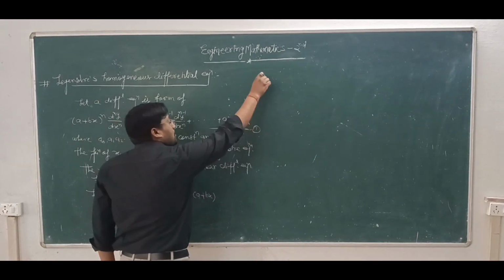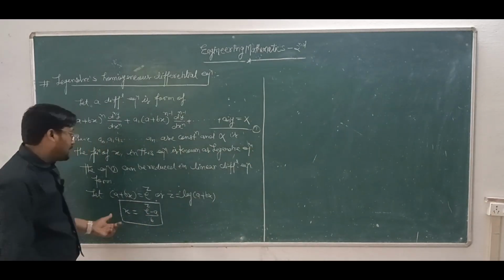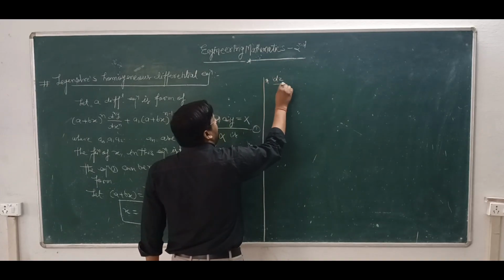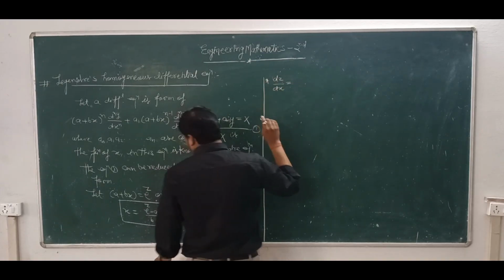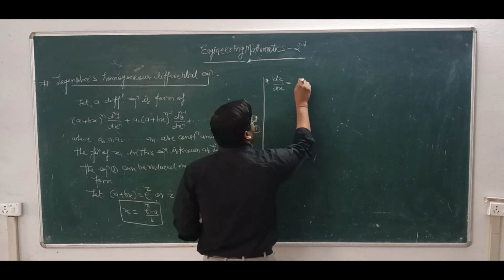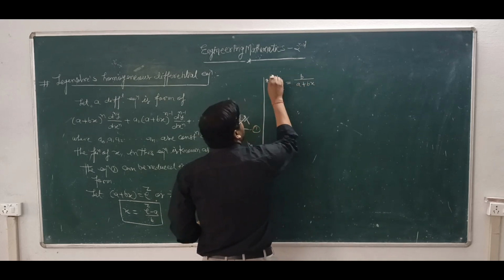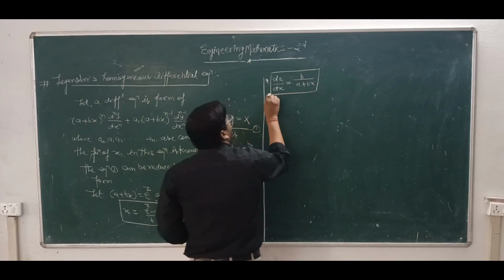Now first find the value of dz by dx. Differentiating with respect to x, you get b upon a plus bx. This is the value of dz by dx.